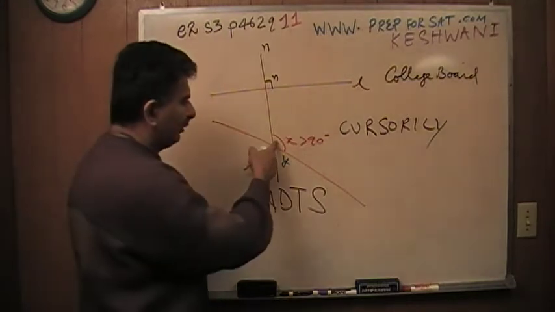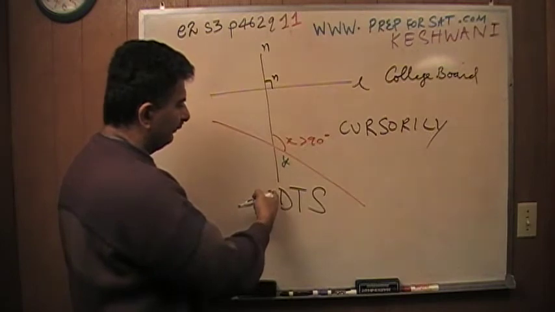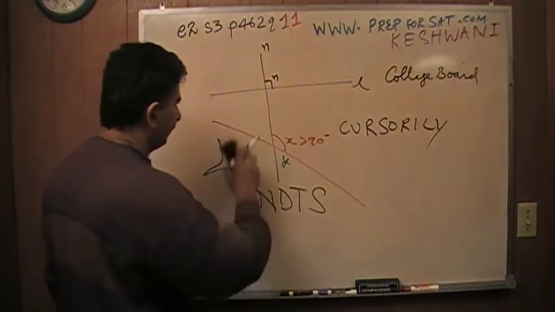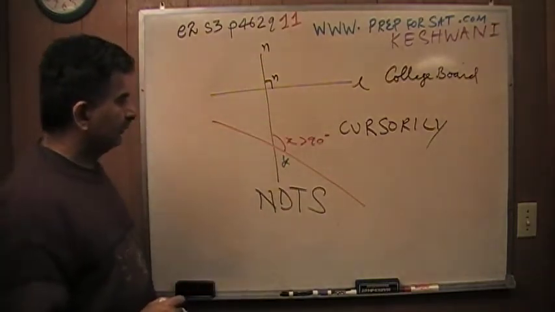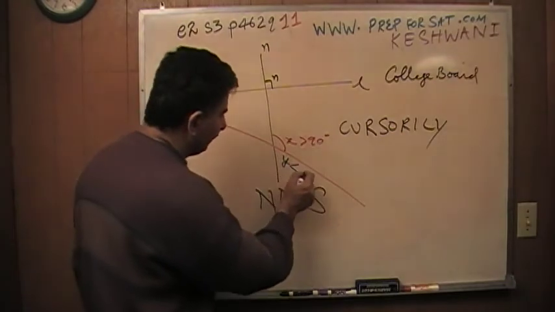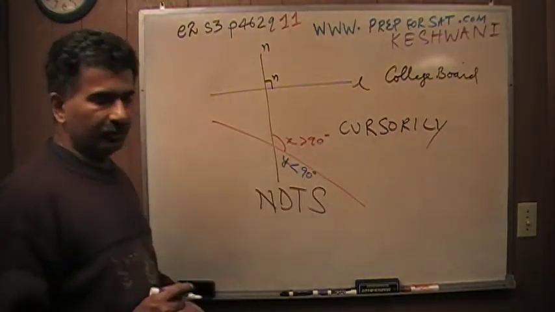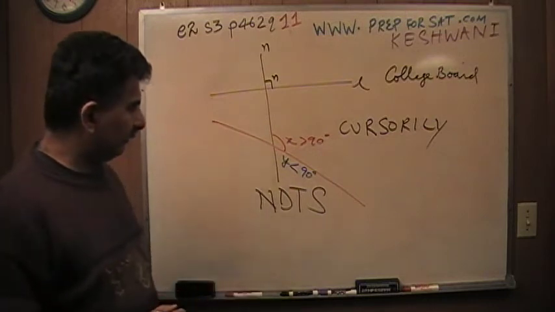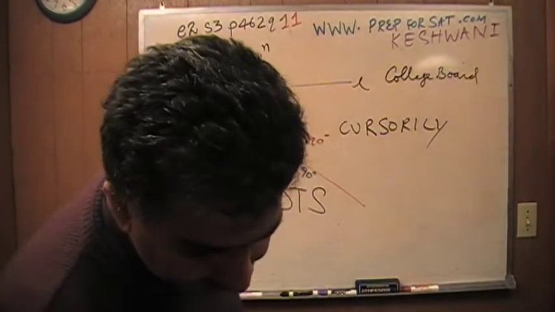If this angle is more than 90, and since this is a straight line, not going like that or anything like that, the straight line is 180. If this is 90, then this has to be less than 90. There you go. That is something that has to be true. The fact that Y is less than 90. That's it. Everything else is just mumbo jumbo.